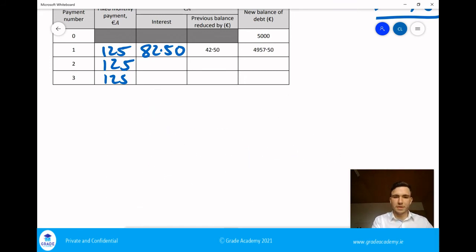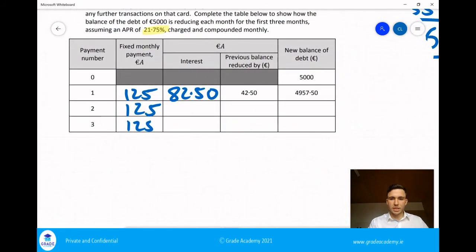So literally all we have to do is do the exact same process for the next three. Feel free to pause this video, have a go for yourself. We're getting 1.65% of the previous balance. Remember that. So that's going to be 1.65% of 4,957.50, which is 81.80 when we throw that in our calculator.